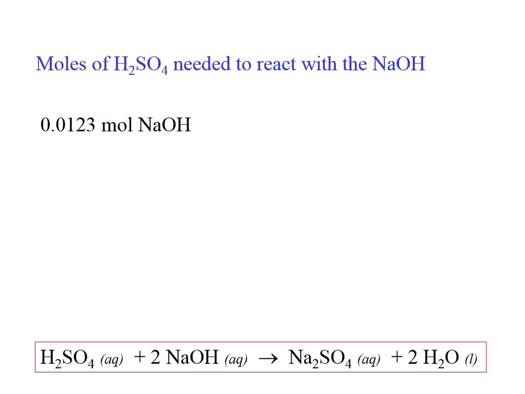My first term is going to be the moles of NaOH I found before, 0.0123 moles NaOH over 1. Now here I do have to say moles NaOH. If I don't, the ratio I'm going to put doesn't make sense. So I want moles of NaOH to cancel, so I'll put 2 moles of NaOH on the bottom and 1 mole H2SO4 on top.